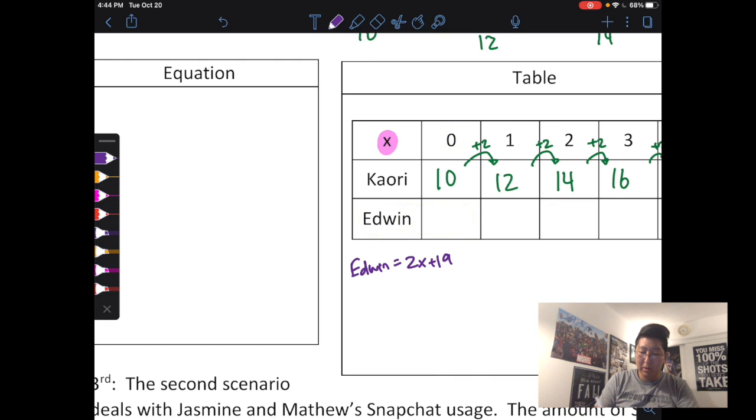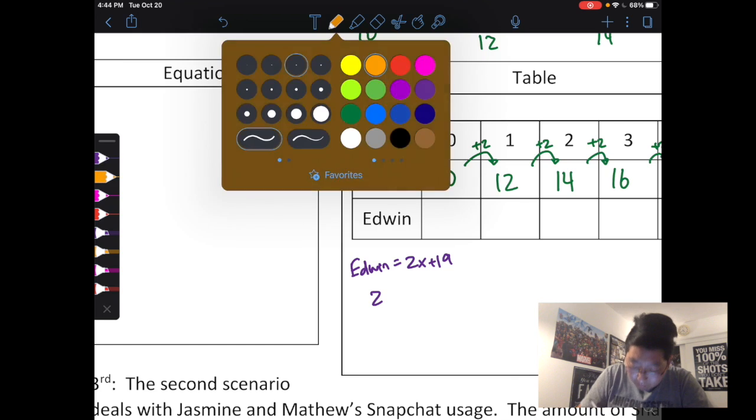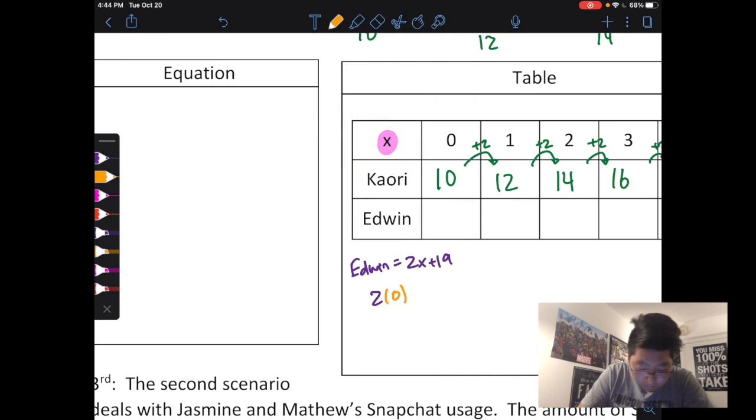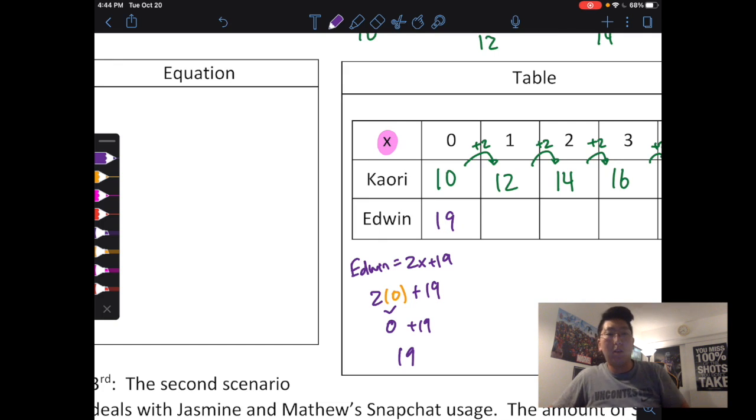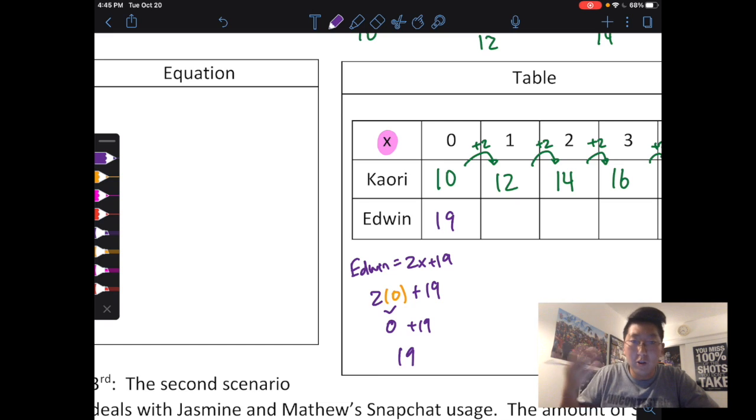So let's put 0. 2 times 0 plus 19. 2 times 0 is 0 plus 19 is 19. So in 0 hours, he sent 19. We're just going to follow this pattern.